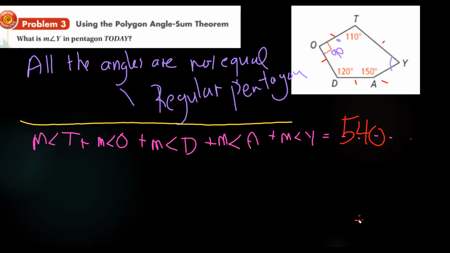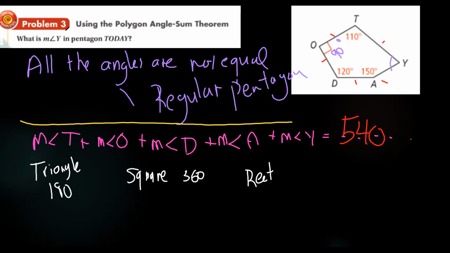Now let's come back to the mathematicians, who tell us how they knew that the measure of the angles in a triangle is 180, and on the square they are 360, and on the rectangle and on the pentagon.